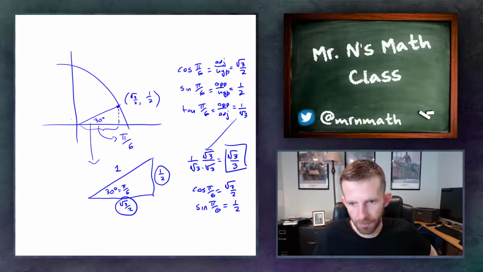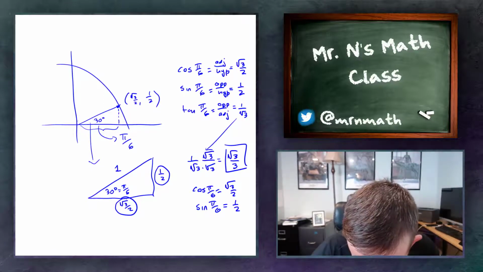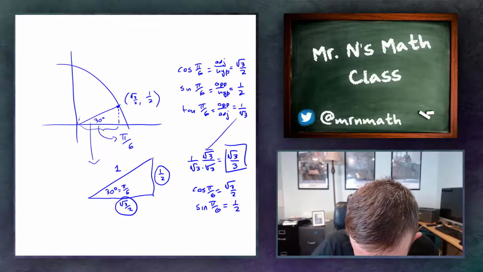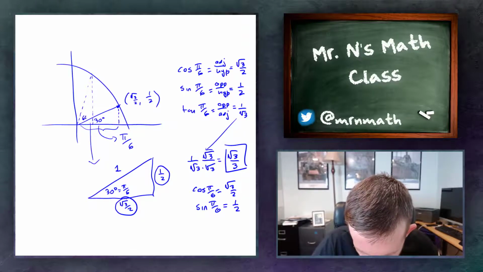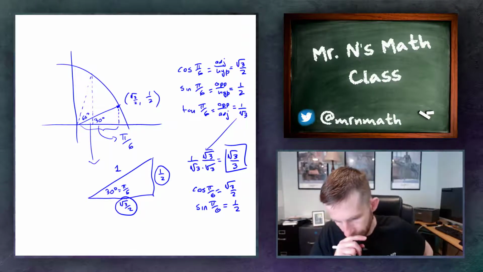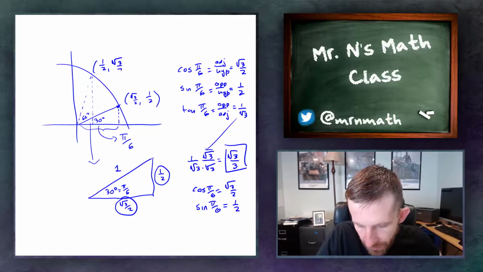Okay, back to this. Now let's do 60 degrees. This is 60 degrees, and we know the coordinates of that are 1/2, root 3 over 2.